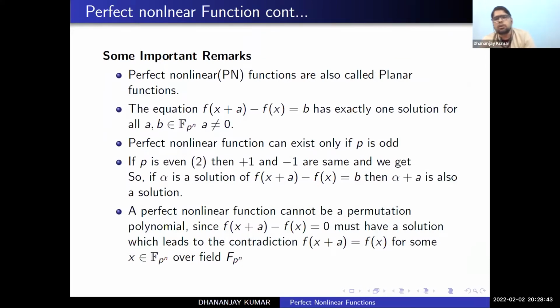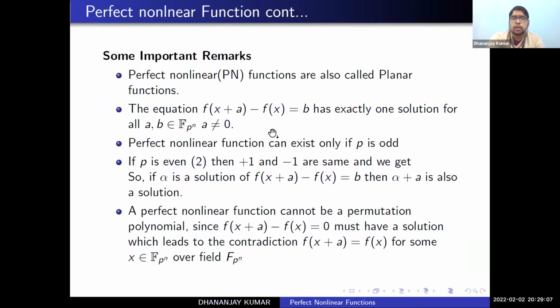And looking at some important points about perfect nonlinear functions. Perfect nonlinear functions are also called planar functions, and the equation f(x plus a) minus f(x) equal to b for all a, b in the field F_{p^n} or Fq has exactly one solution.